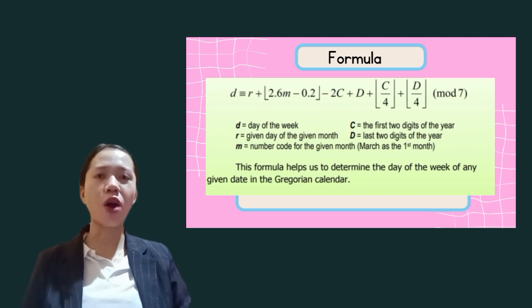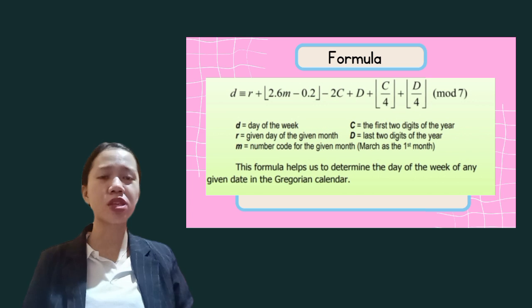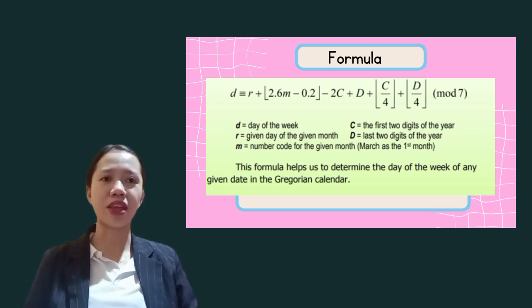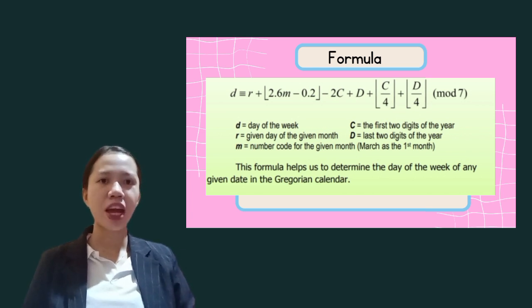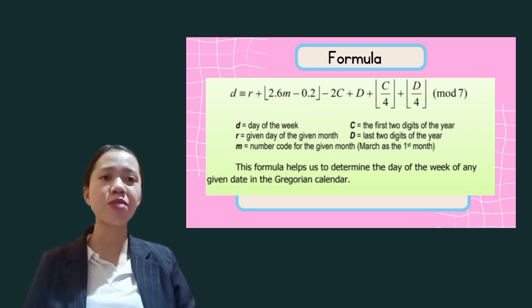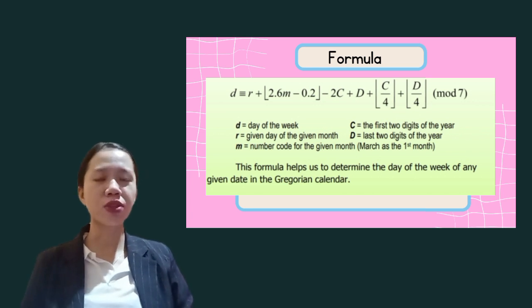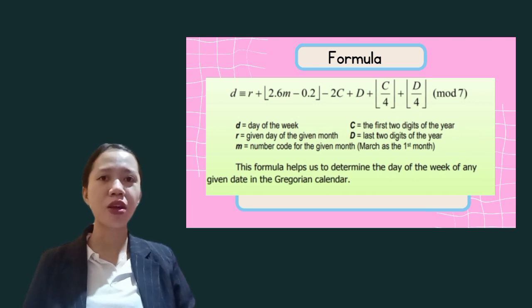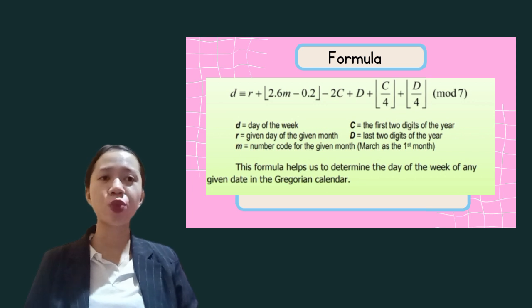D is congruent to R plus the floor of 2.6m minus 0.2, minus 2C plus d plus C over 4 plus d over 4, modulo 7, where D is equal to the day of the week, R is equal to the given day of the given month, M is equal to the number code for the given month, March as the first month, C is equal to the first two digits of the year, and d is the last two digits of the year.